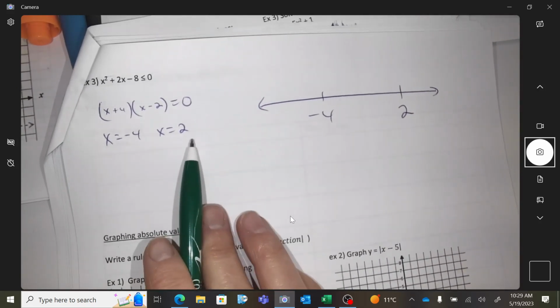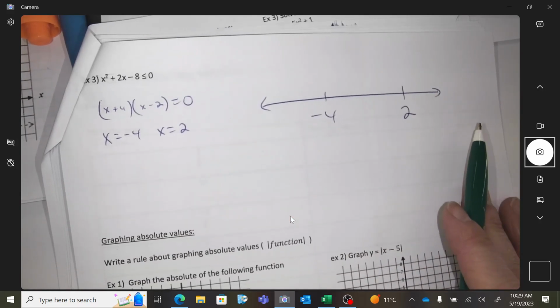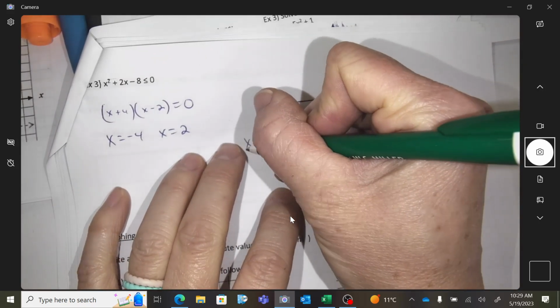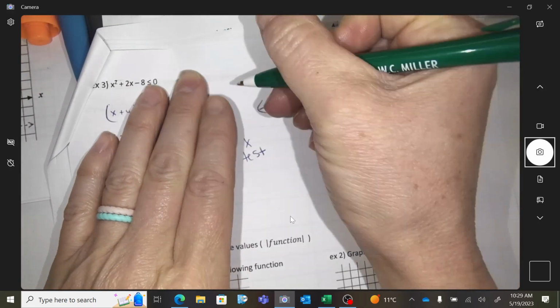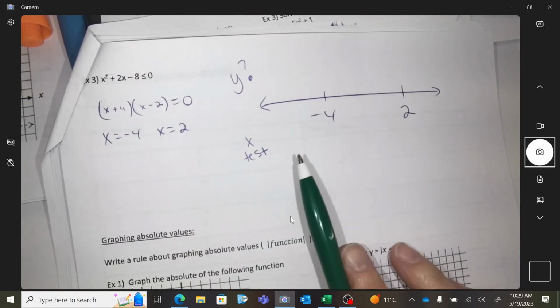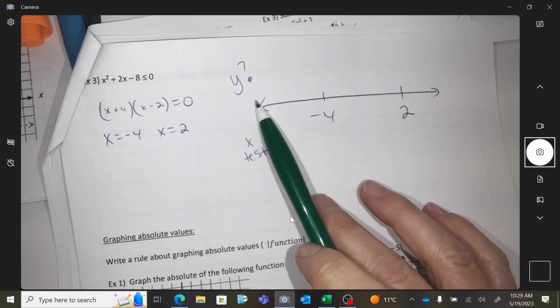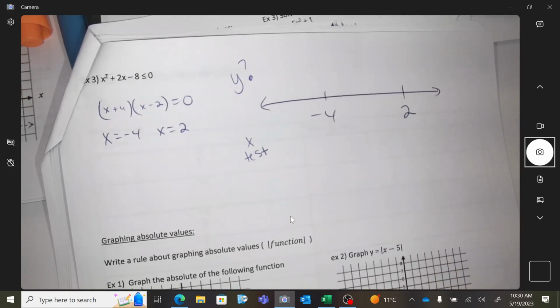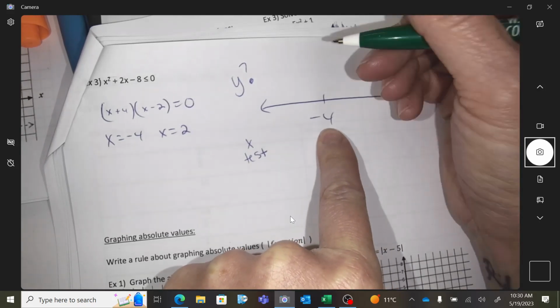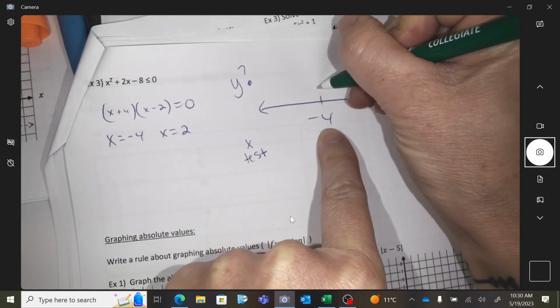So where does it equal 0? Then I went to the number line to test out what's going on in my regions. So I'm going to test some x values, and then that's going to tell me what's going on. So first of all, exactly at -4, what is going on with y?